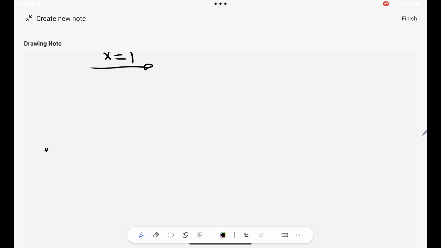Now let's have one with asymptotes at least. y is equal to the log of 2x minus 3. Same thing applies, guys, right? Always the same.